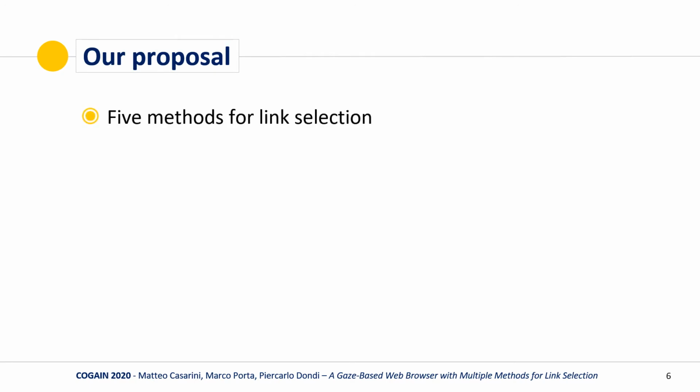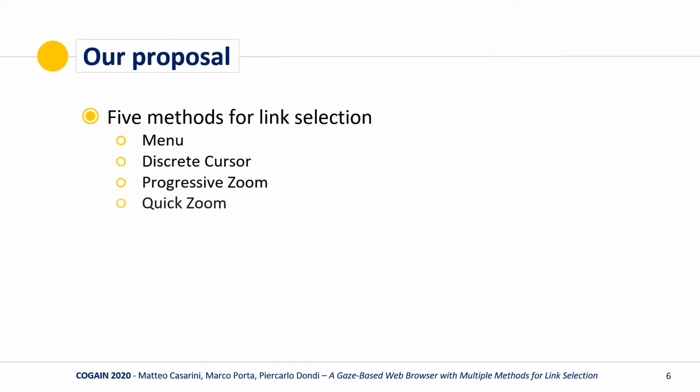The browser includes 5 different link selection techniques. By link selection, we mean the pointing of the link and also the virtual click on it to load the associated page or web resource. The link selection methods are menu, discrete cursor, progressive zoom, quick zoom, and free pointing.